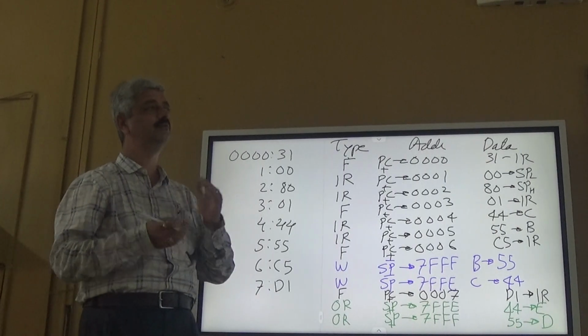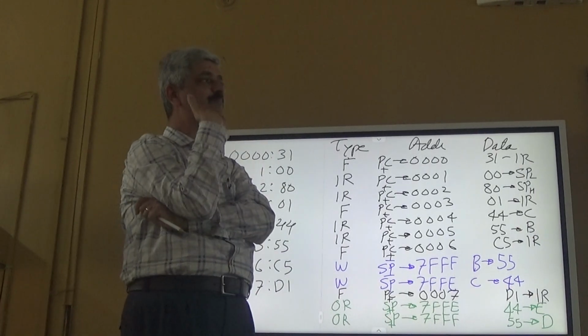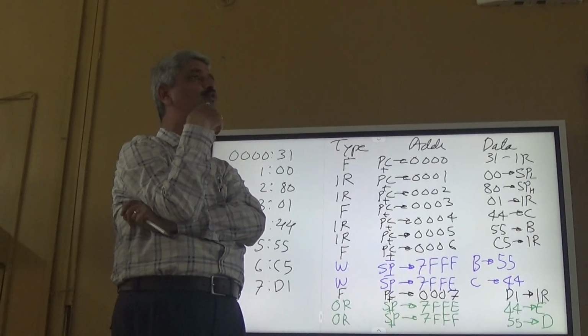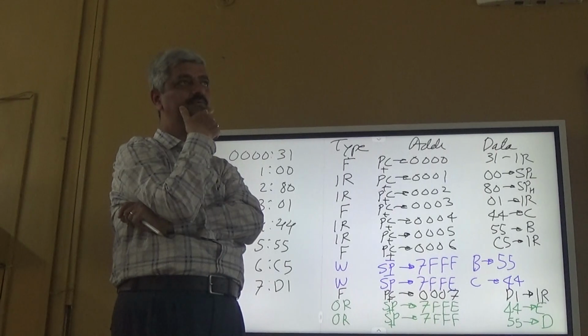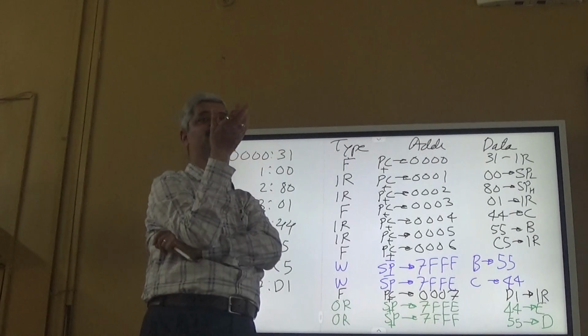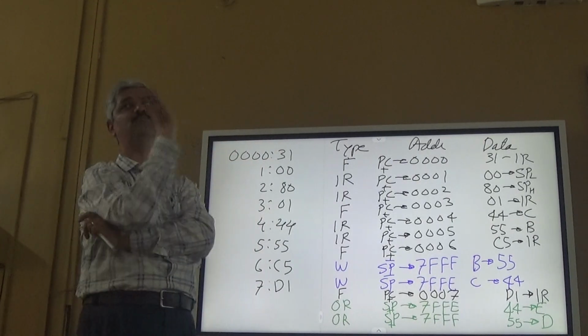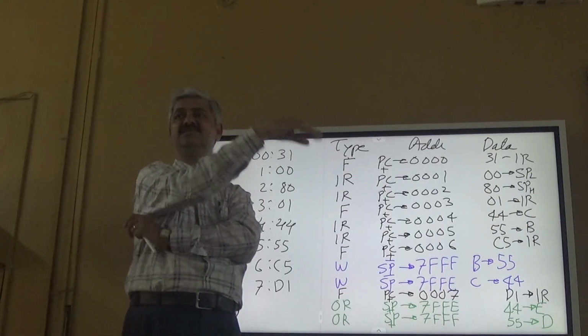So, what is the advantage of this? Suppose that you want to use the registers for some other purpose. So you want to store all 4 register pairs in the memory.